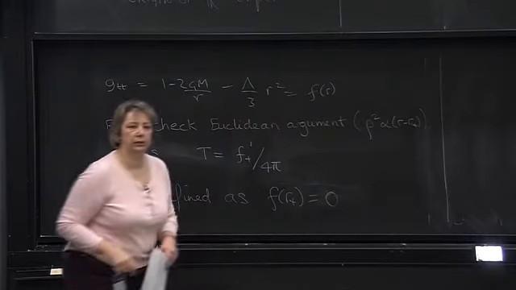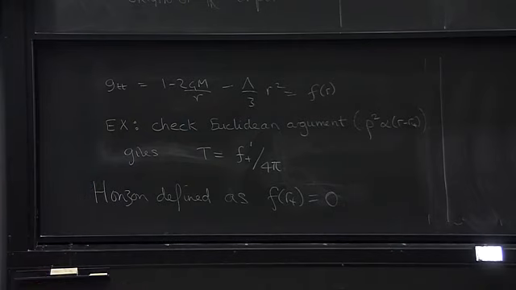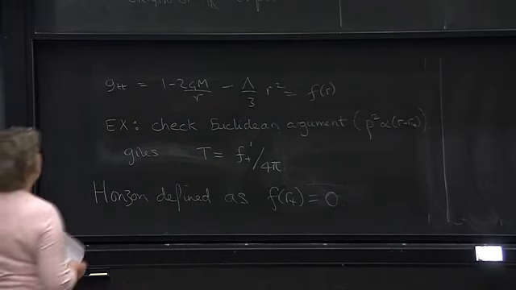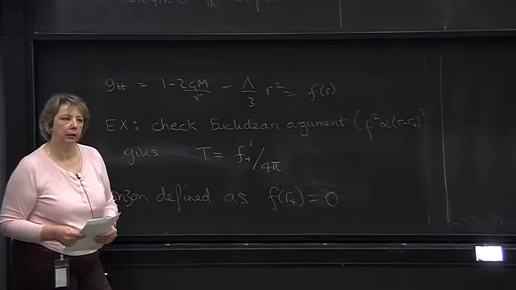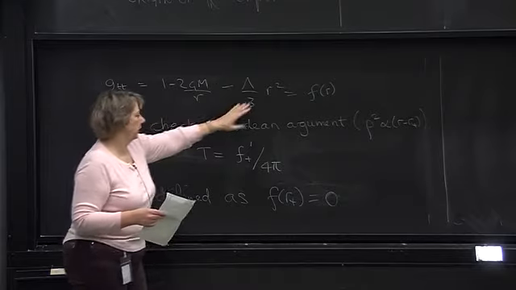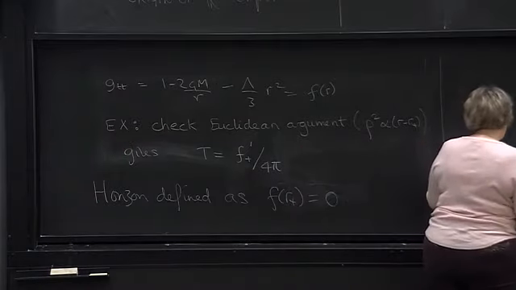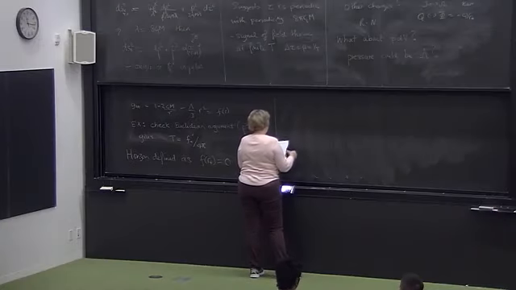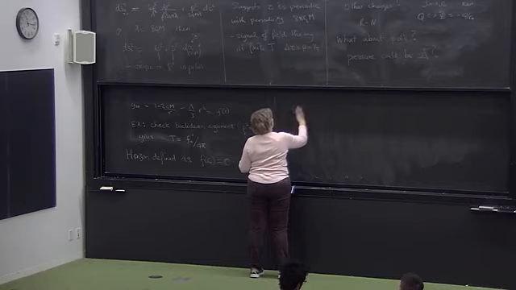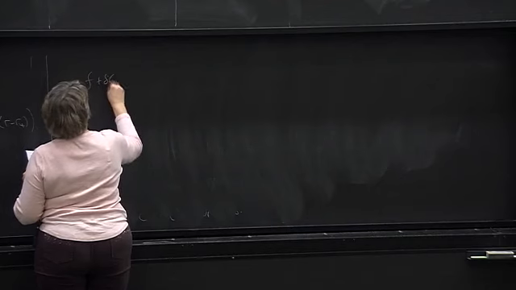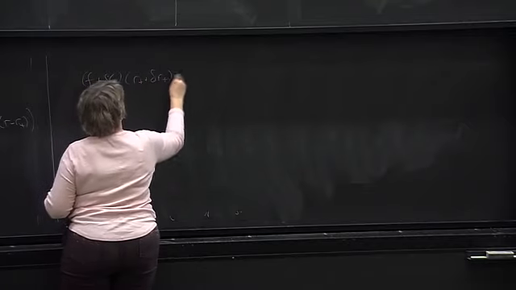I'm going to do essentially what I did with Kerr. I'm going to perturb the horizon. So what that means is I take this relation, f of r plus is 0, and I vary it. I'm basically taking f plus delta f of r plus plus delta r plus is 0.